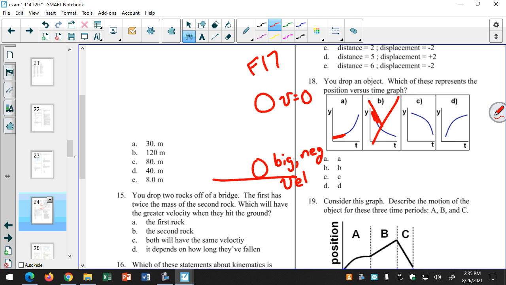So I can get rid of this one and this one. It can't be either one of those. So now, both of these graphs start with small velocities and end with big speeds. Small slopes followed by big slopes. Which one's the right answer? A or C, and why?